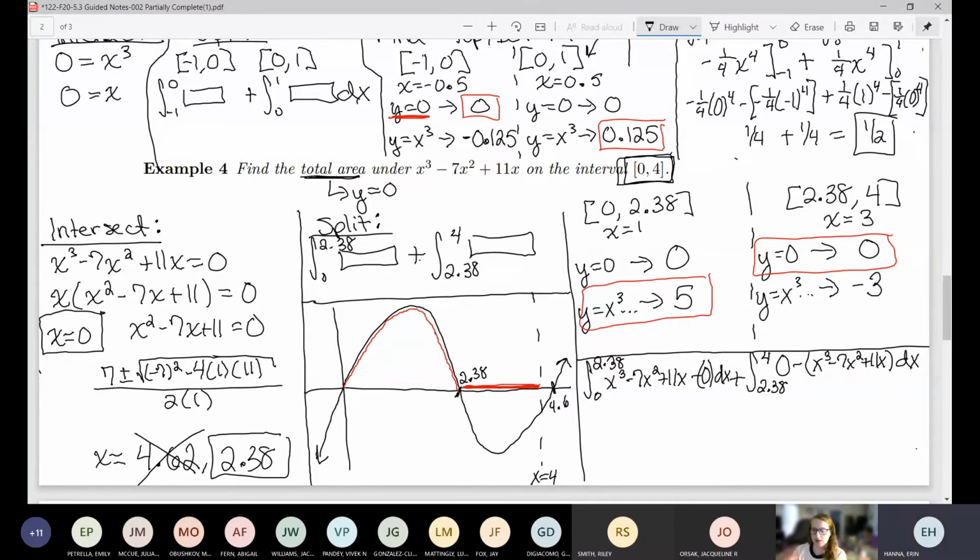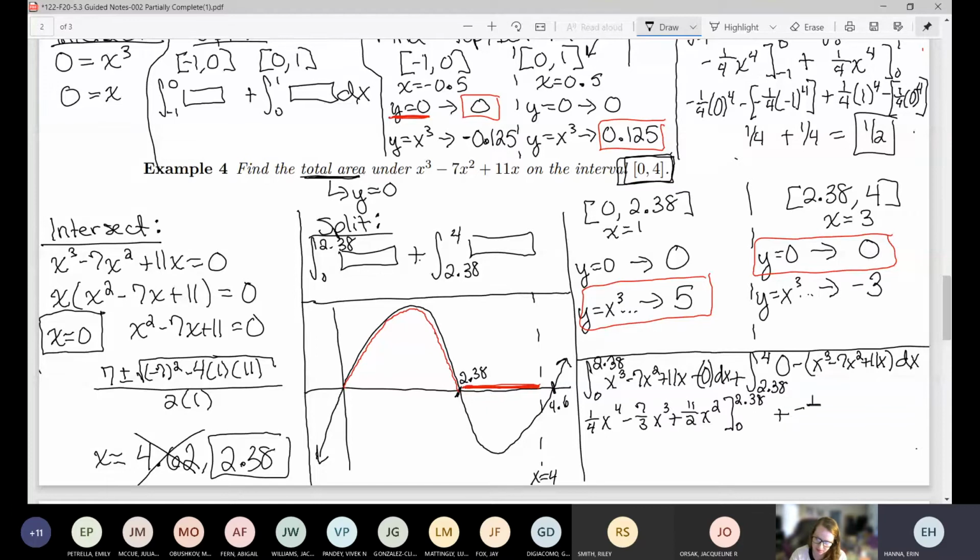You could, of course, do these by hand. The antiderivatives, I'll write out the antiderivatives, would be 1/4 x to the 4th minus 7/3 x cubed plus 11/2 x squared. I'm dropping my c's again just for the sake of space, because I'm running out of space.